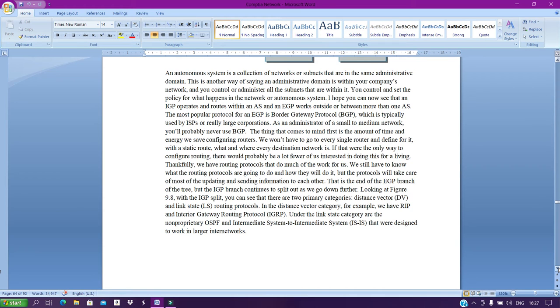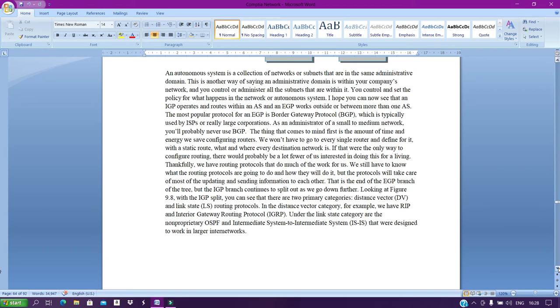The thing that comes to mind first is the amount of time and energy we save configuring routers. We wouldn't have the energy to go to every single router and define for it what and where every destination network is, if that were the only way to configure routing.